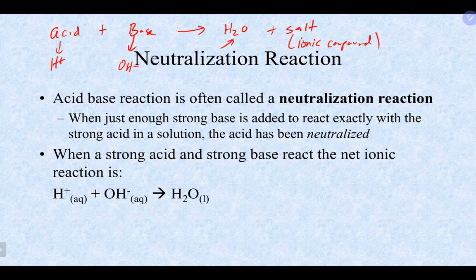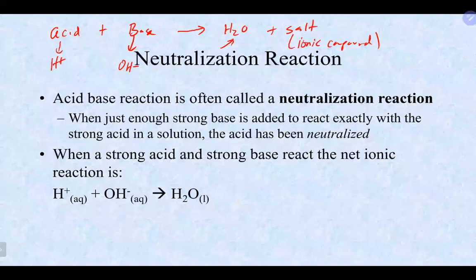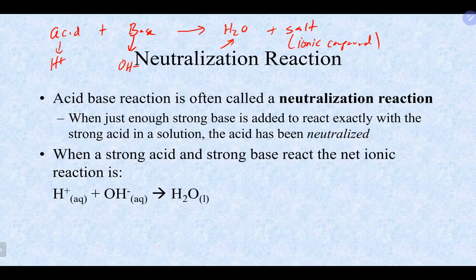So in a strong acid, strong base combination, or in a lot of acid-base combinations, that's where our water comes from. And that's why, when we look at the net ionic equation, like we did when we were talking about different types of reactions, no matter what combination of strong acid and strong base you put together, the ultimate net ionic equation is the formation of water. And if you remember, that is one of the reasons why reactions take place: to form water.